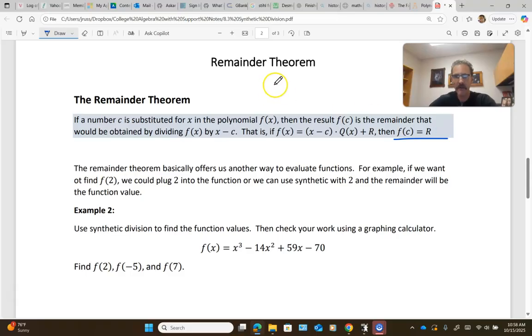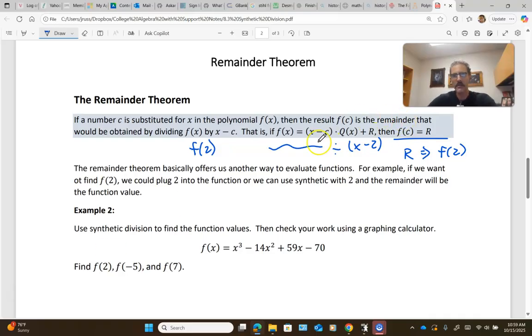division. Okay, so for example, right here in the notes it says if we want to find f of 2, this theorem is saying that it would be the same as dividing our polynomial, whatever that is, by x minus 2, and then the remainder would be the answer for f of 2.